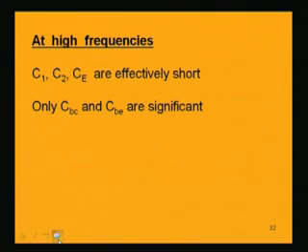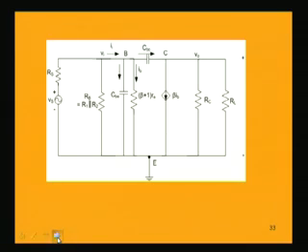So, now we are considering the high frequency, and we will be trying to find out the upper cutoff frequency. Ignoring the effect of all other capacitances and keeping only the shunting capacitances due to the transistor, which are CBC and CBE, we are considering the circuit again.